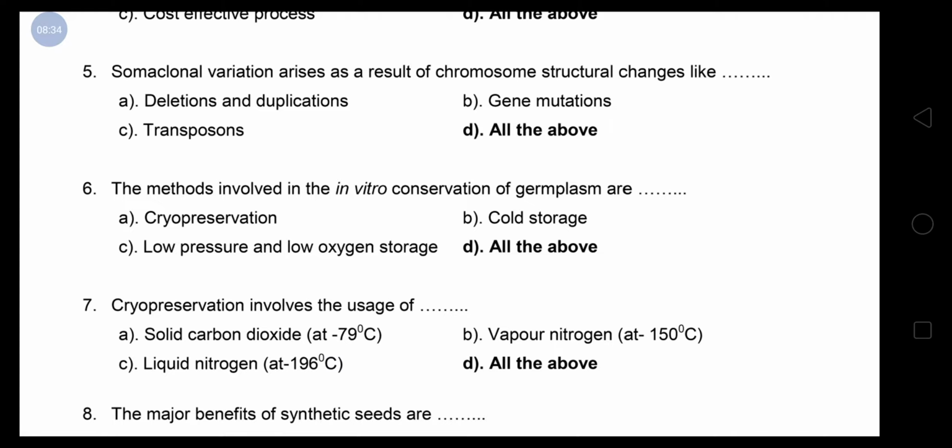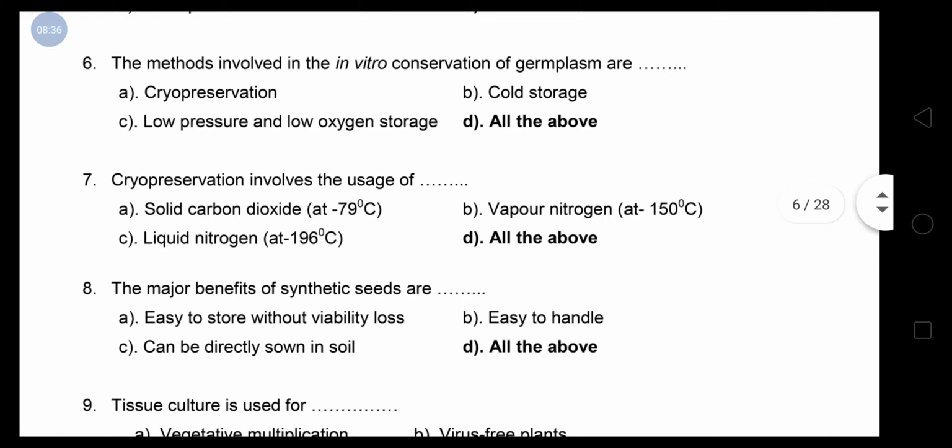Cryopreservation includes the usage of solid carbon dioxide at minus 79 degrees Celsius, vapor nitrogen at minus 150 degrees Celsius, and liquid nitrogen at minus 196 degrees Celsius. The most popular method of cryopreservation is liquid nitrogen at minus 196 degrees Celsius.